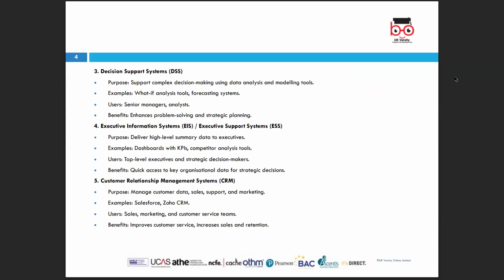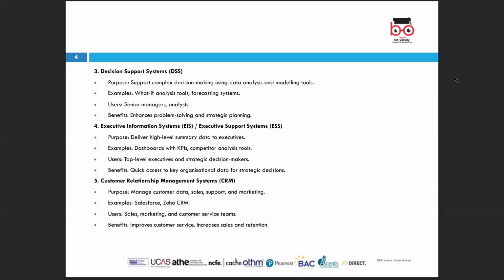Also, we're looking into the decision support system, where the purpose is complex decision making using data analysis and modeling tools. Examples are what-if analysis tools and forecasting systems, and these are mainly used by our senior managers and data analysts. The benefits are enhanced problem solving and strategic planning.